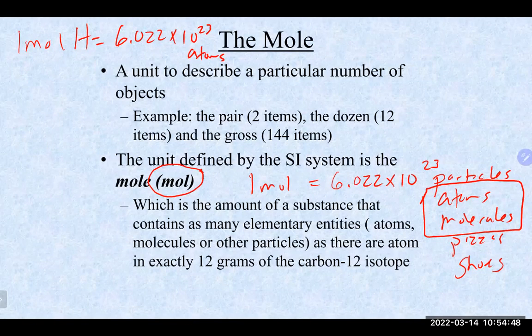And you could use it for something that's just like an element by itself. You could also say, for example, if I had 1 mole of water, H2O, I would have 6.022 times 10 to the 23 molecules of water. Here we use the units of molecules because water is a molecule.